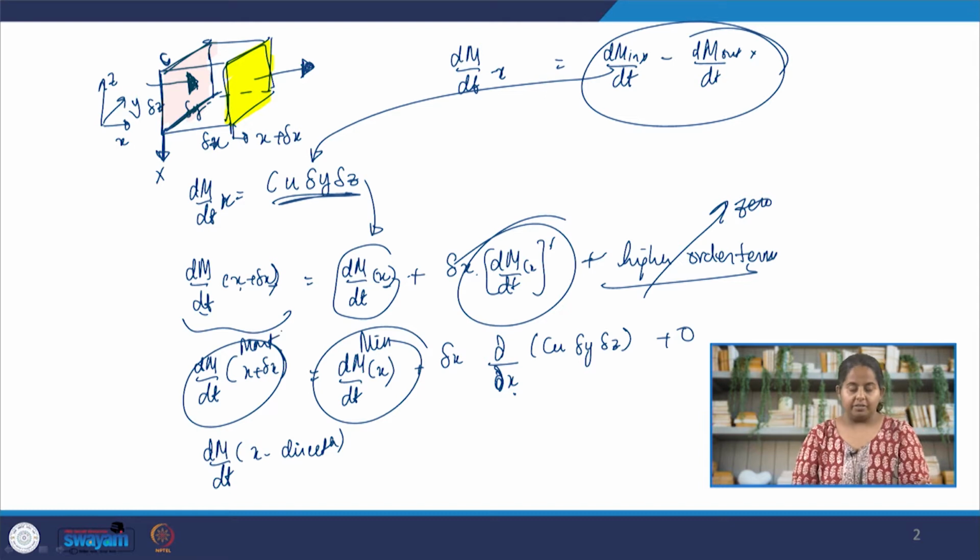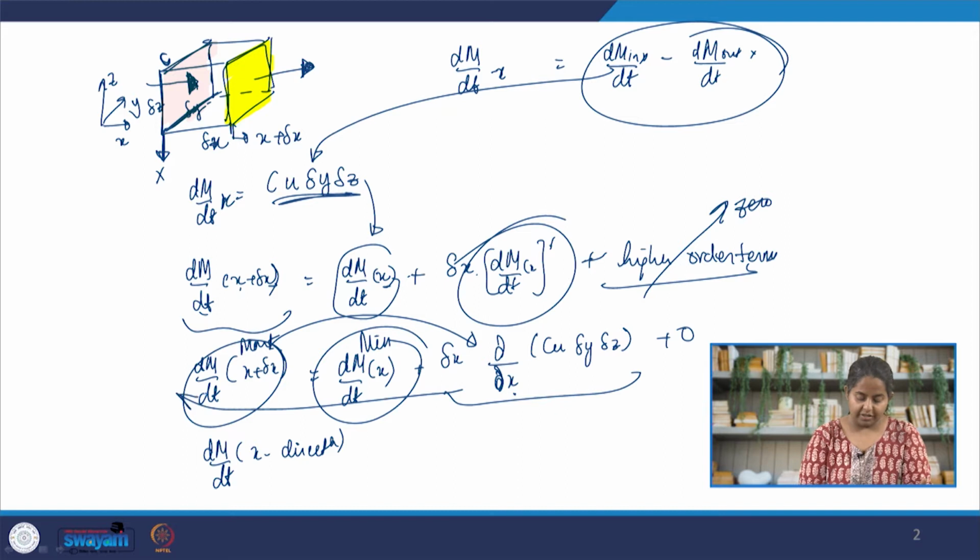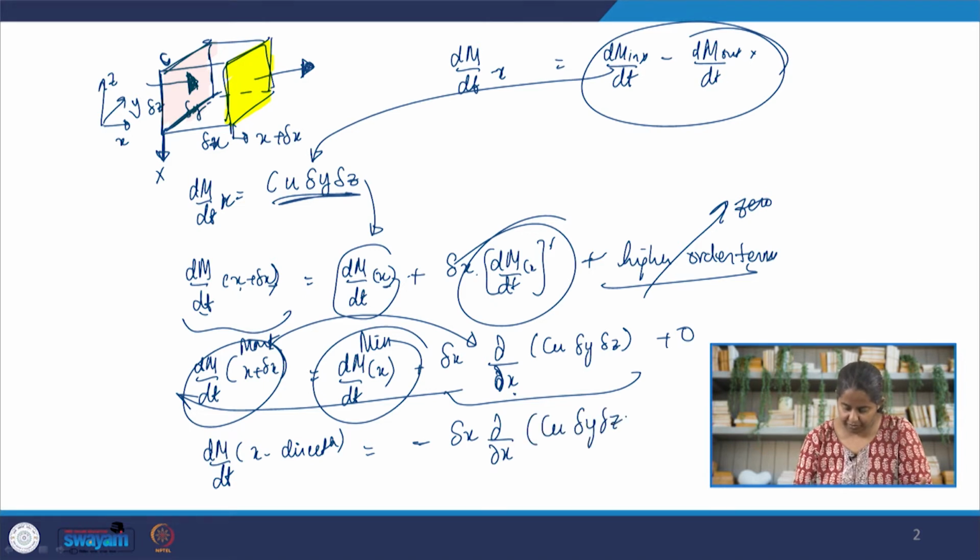So mass in minus mass out, bring the mass out to RHS, take this portion to LHS, and what we get is minus del x. Del y, del z are constants, we can take them out. So this is just the volume of the parallelopiped, and then Cu. Okay. This is in x direction.